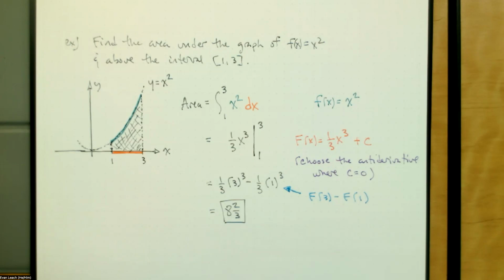If the length is given by x squared meters, then over a width of x equals 1 to x equals 3 meters, we will cover an area of 8 2/3 square meters.